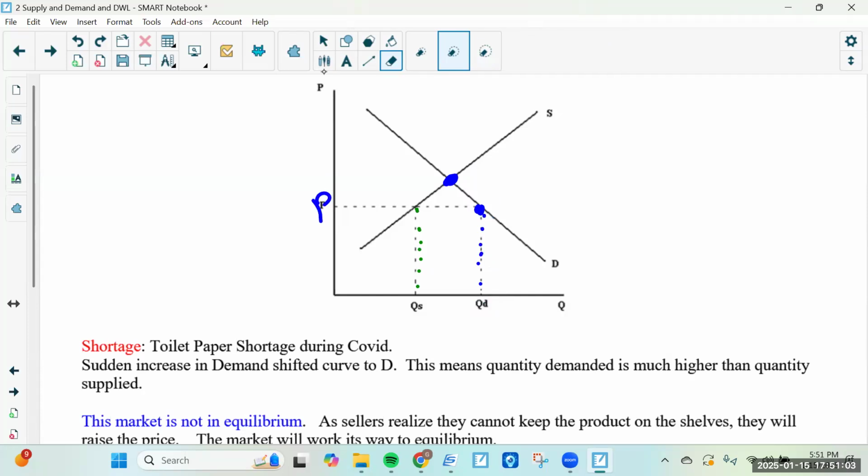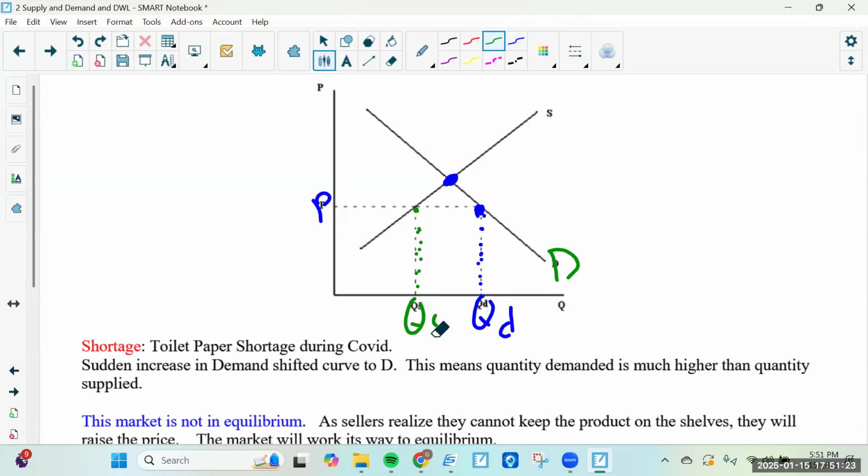I've got to read the graph. What's this one right here? This graph is the demand curve. At this low price, we want a whole lot. This is the quantity demanded. But at that low price, they're not willing to sell us as much. This is the quantity supplied.